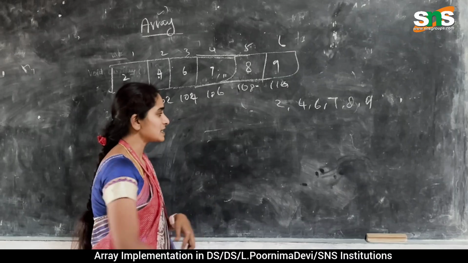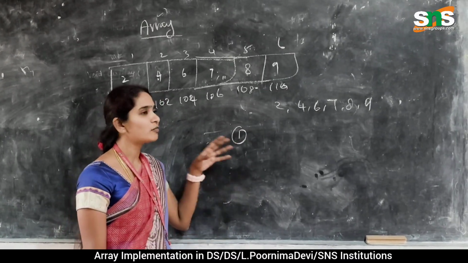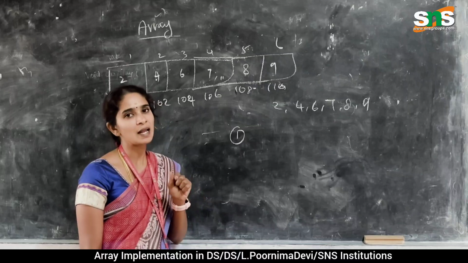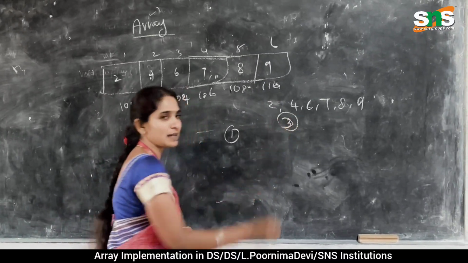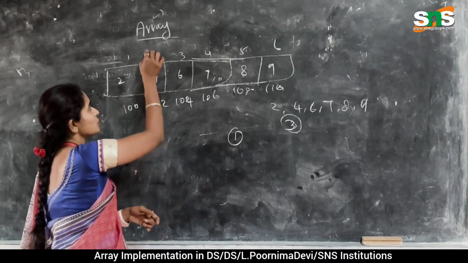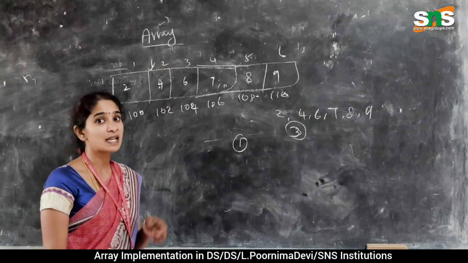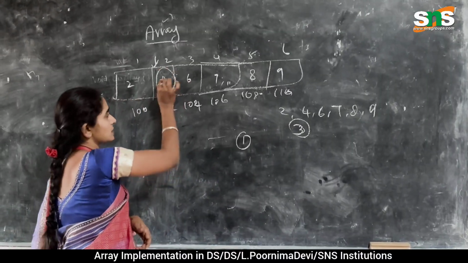In this array implementation we face two problems, for insertion and deletion. The first one is the insert operation. If I want to insert a new element in the middle, say I need to add a new element 3 in the second position, I need to empty that box.